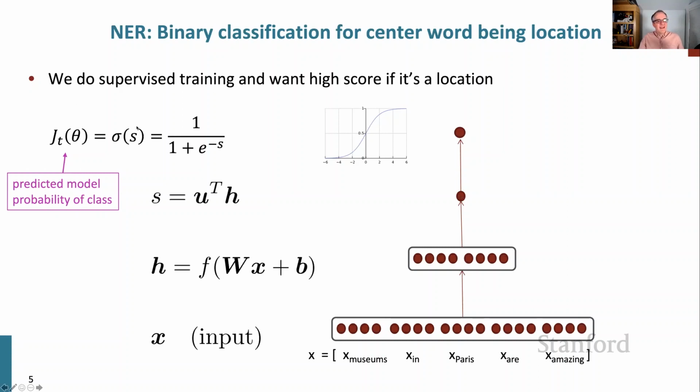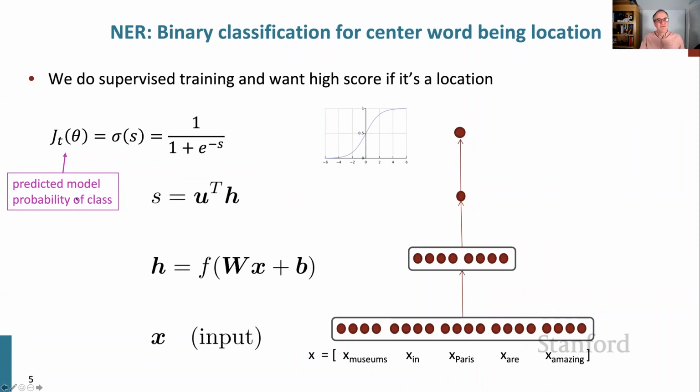And so then finally, we're going to put that number through a logistic transform of the same kind that we saw when doing negative sampling. And the logistic transform will take any real number and transform it into a probability that that word is a location.